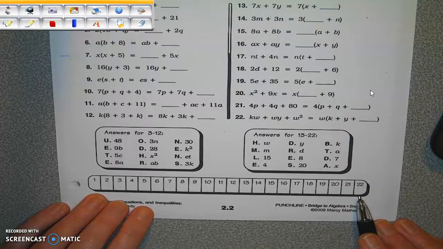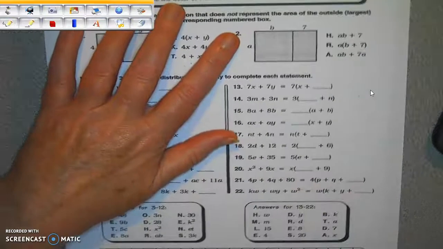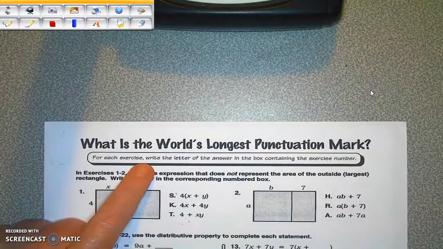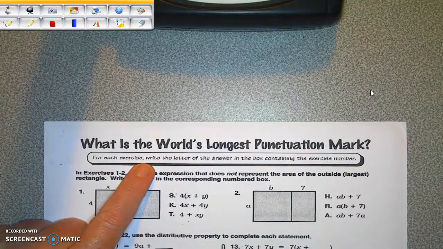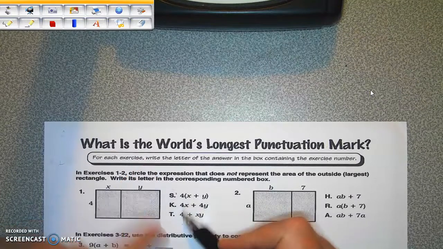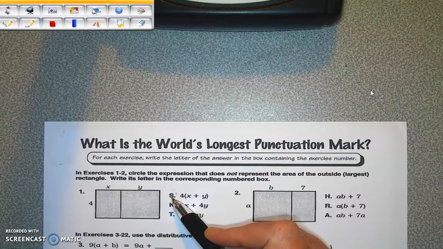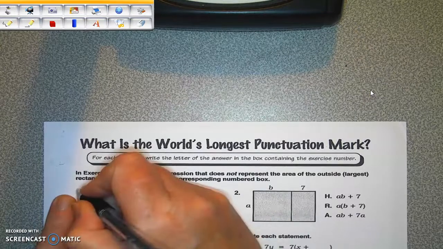The way that the puzzle works is, let's look at the top here. The world's longest punctuation mark is the riddle. For each exercise, write the letter of the answer in the box containing the exercise number. So one of these three is the answer and it has a letter beside it. You take that letter and you put it in the box for number 1.